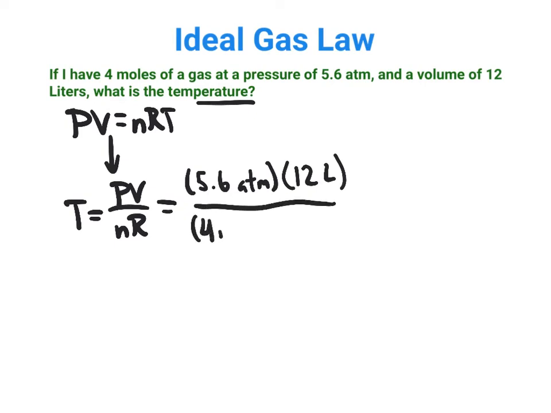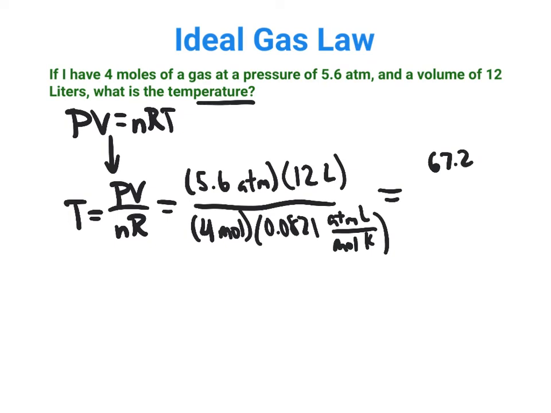N is 4 moles, and then R is a constant, and the constant is actually based entirely on what the unit for pressure is. So in this case, you can look it up in the notes, but because pressure is in atmospheres, the value we're going to use is 0.0821 atmosphere liters per mole K. When I solve this all out, it's 5.6 times 12, which is equal to 67.2 atmosphere liters.